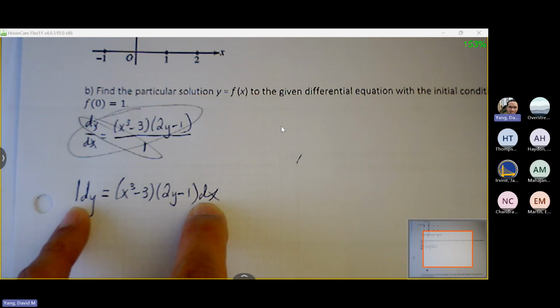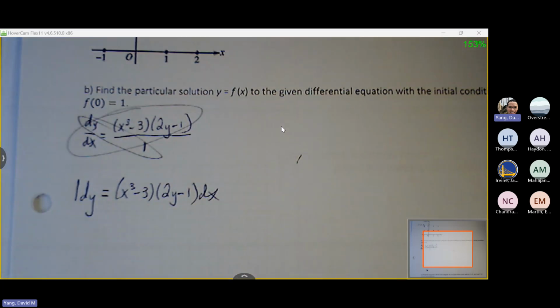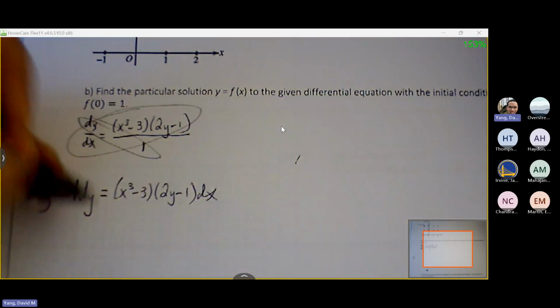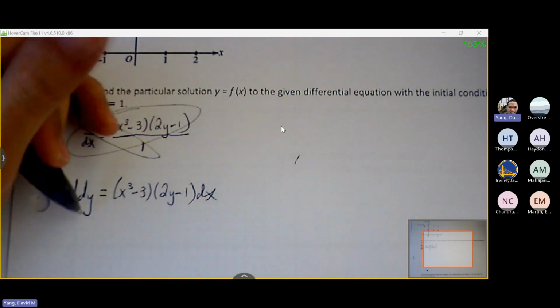Okay, so we have our dy and dx in the right places. We're not going to move these anymore, but do we have full separation of variables? What's out of place? Yeah, so 2y minus 1 has to come to the left side. Divide that over to the left side.